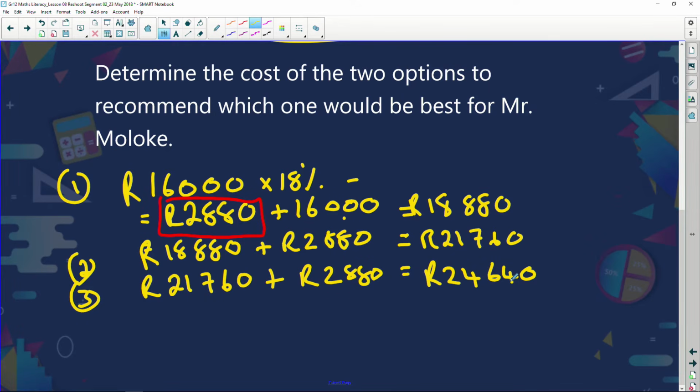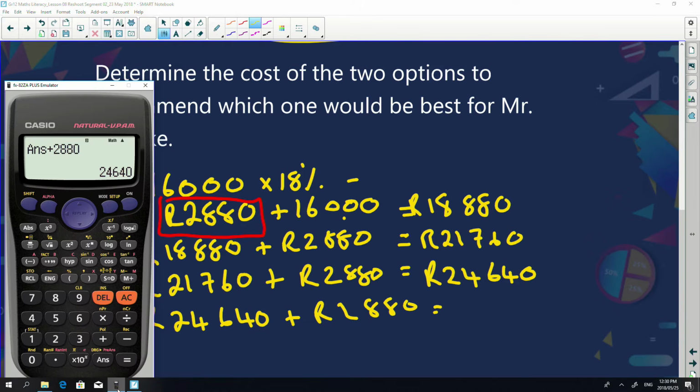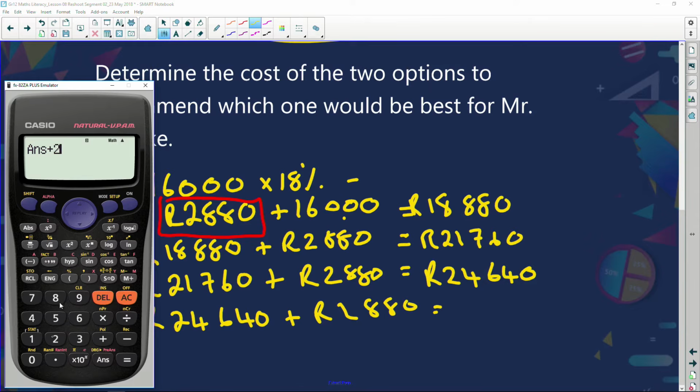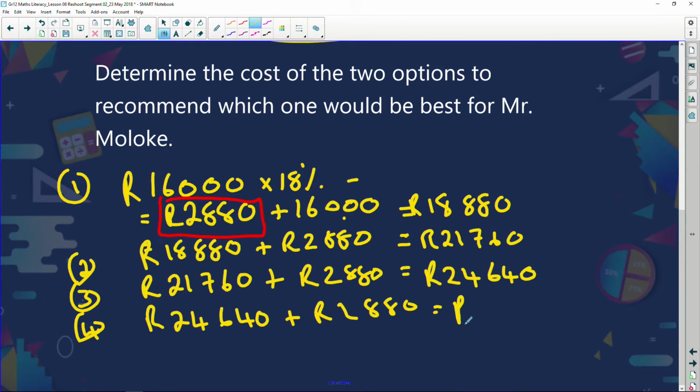Again, we just keep going. Year 4 comes along. We now owe our uncle 24,640 Rand plus 2,880 Rand. Again, calculator comes out, plus 2,880 Rand equals 27,520.